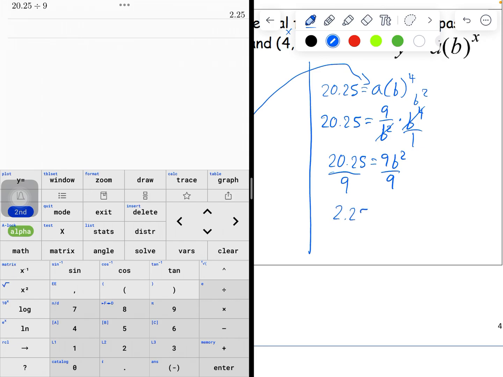So 2.25 is equal to b squared. Now, to undo the square, we take the square root, and we should get a nice answer here. I'm going to do the square root button, 2.25, and we do get 1.5. So that means our b value is 1.5 exactly.